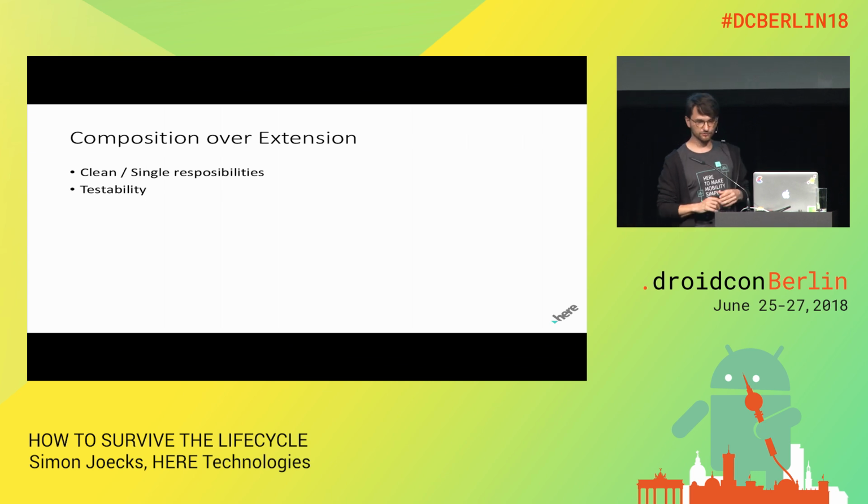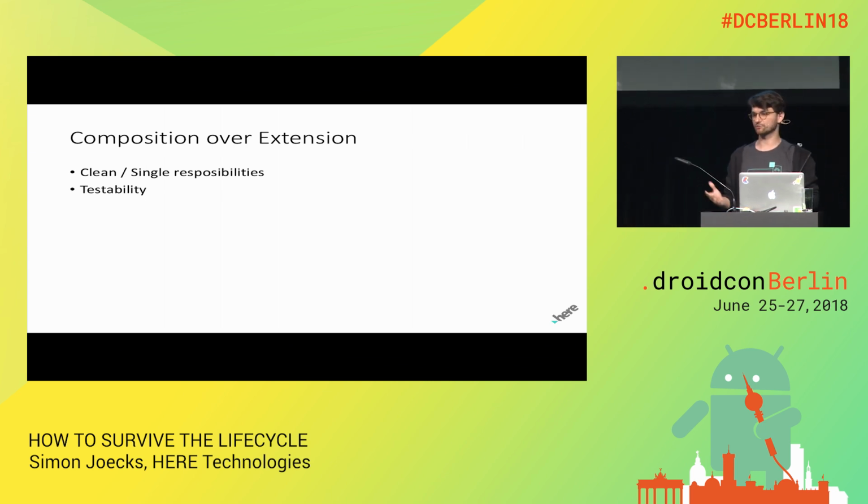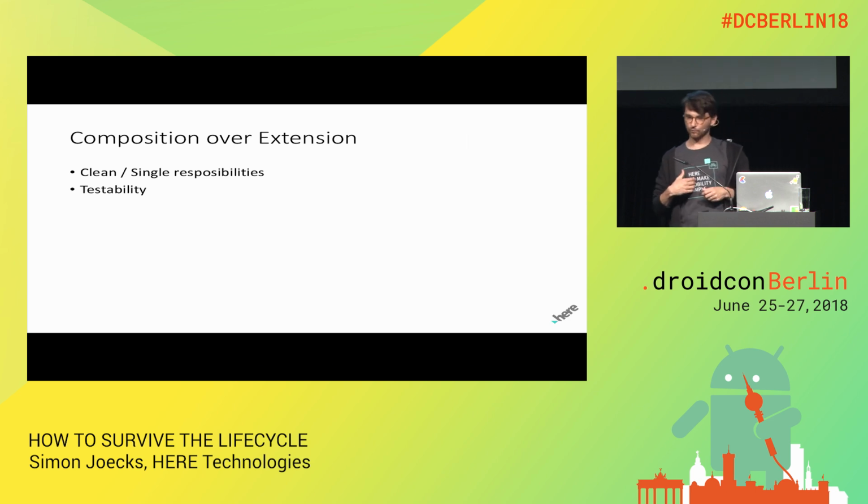And so, of course, it would be a pity to just rewrite these views over and over again. So we are moving more and more towards composition rather than extension, where you would just take the view model and extend it to have a different kind of functionality.